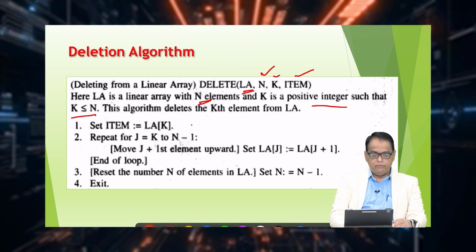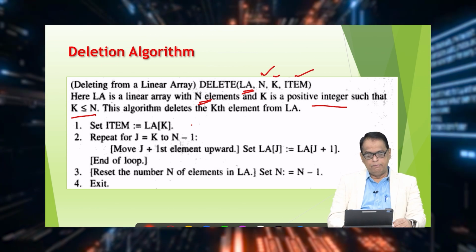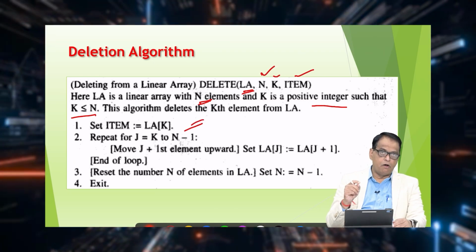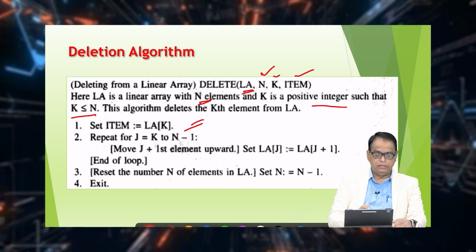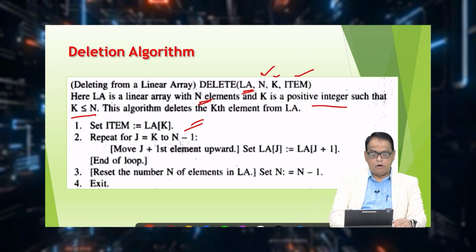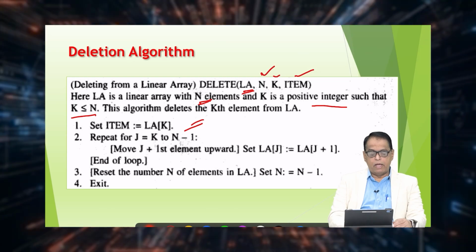Now initially we will set ITEM equal to LA[K], meaning whatever is the value of the array at the Kth position will be assigned to ITEM. Then we will repeat the step for J equal to K to N minus 1.